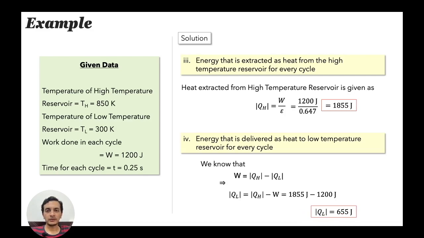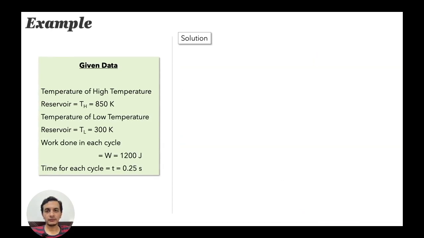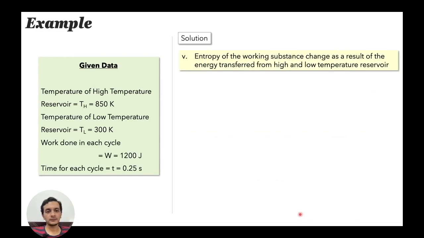Okay, now the last part, the fifth one, the change in entropy. The change in entropy for positive transfer is given by this formula. The change in entropy is equal to the heat energy transfer divided by the temperature at which that heat energy transfer takes place.